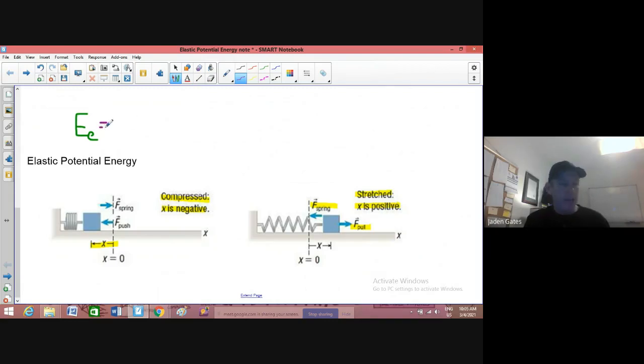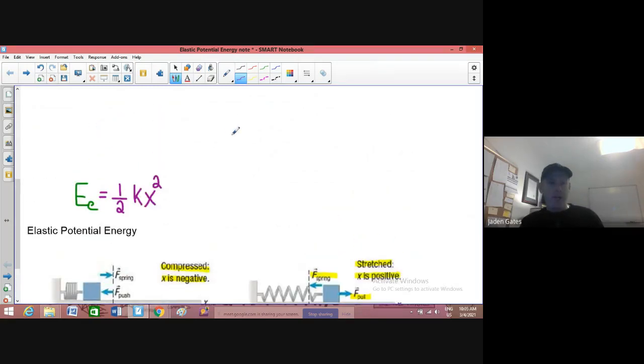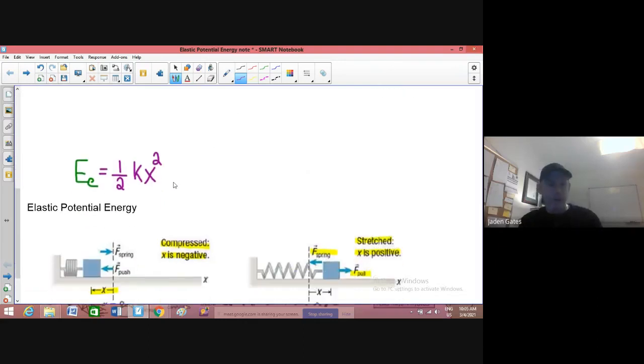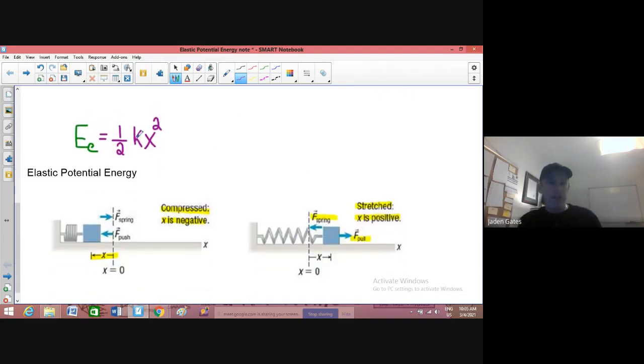Your elastic potential energy is equal to 1/2 K X squared, where K is our force constant. So again, familiar values. We have our two formulas, because the vector formula is not often used.